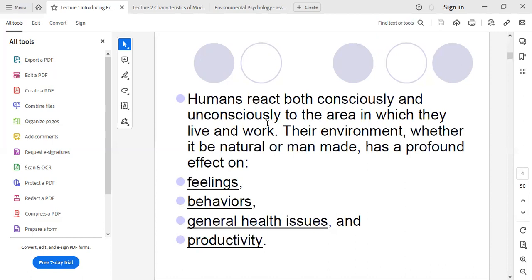From the aspect of environment in industrial psychology, there was an experiment which was carried out in Japan. They wanted to understand the effect of changing atmosphere on productivity. What they did was just influence the air we breathe.